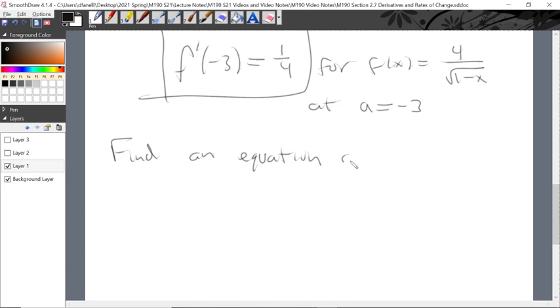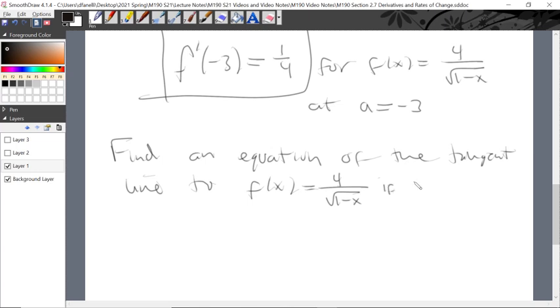Find an equation of the tangent line to the function f of x equals 4 over root 1 minus x, if x is equal to -3. In other words, at the point -3, comma, f of -3, right? Well, what point is that?